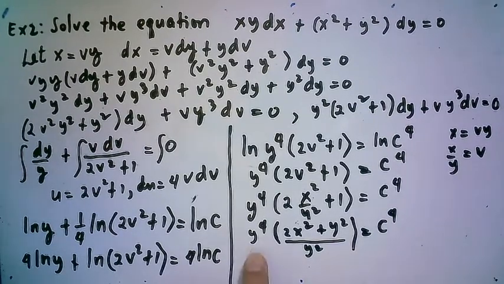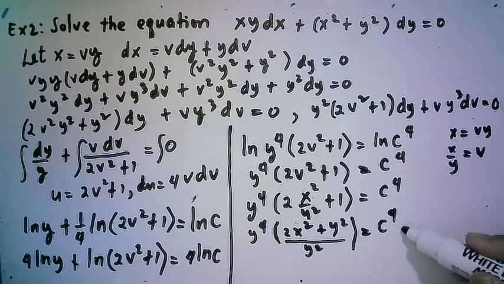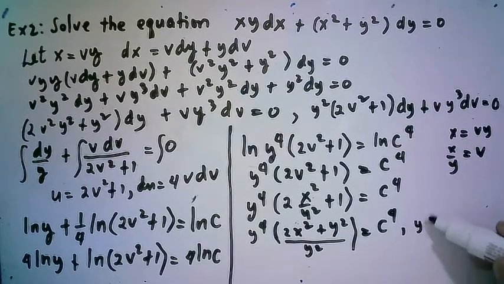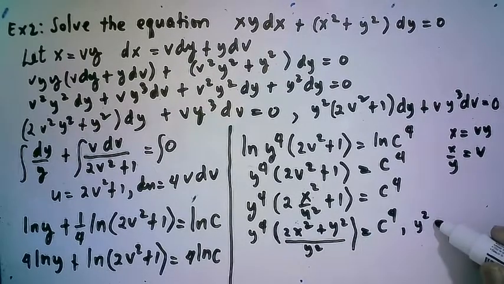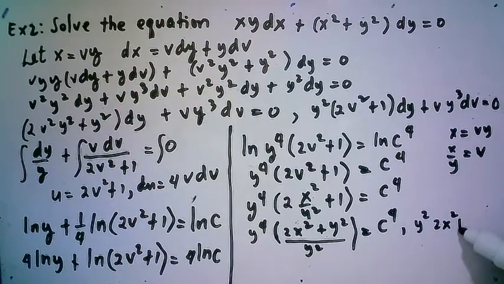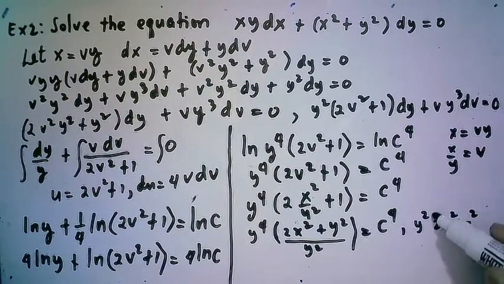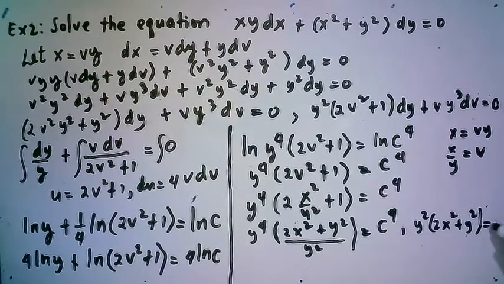So we can cancel y to the fourth against y squared, so that becomes y squared times 2x squared plus y squared, which is equivalent to c raised to 4.